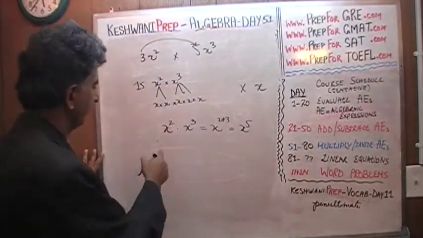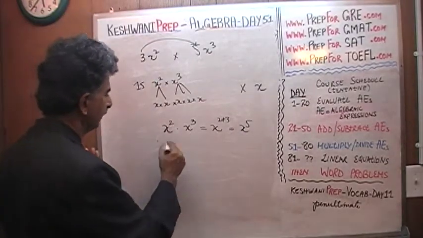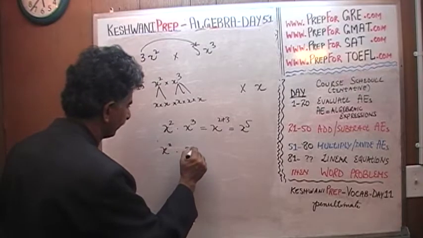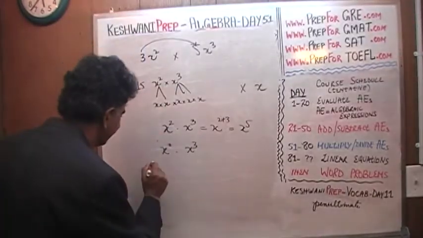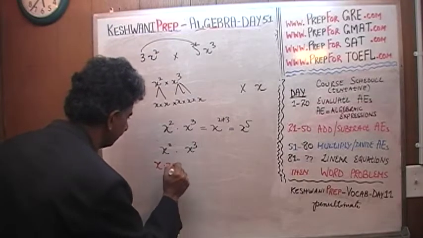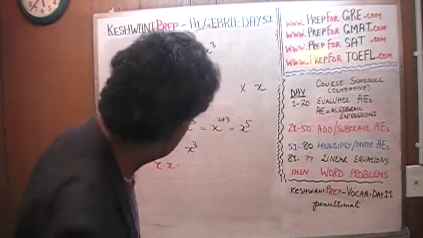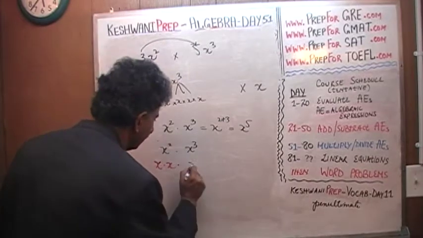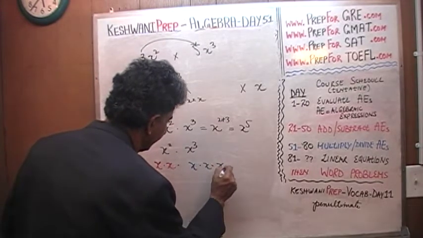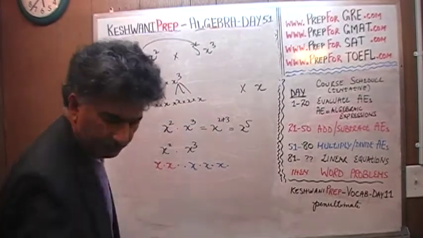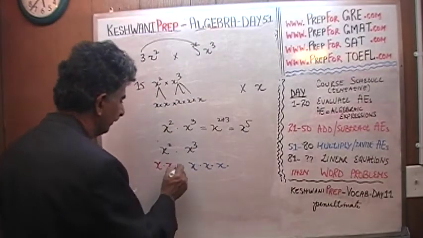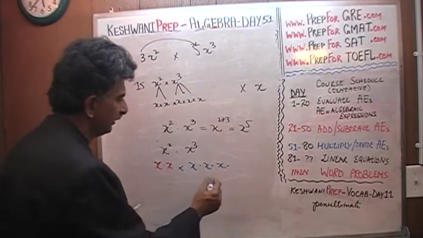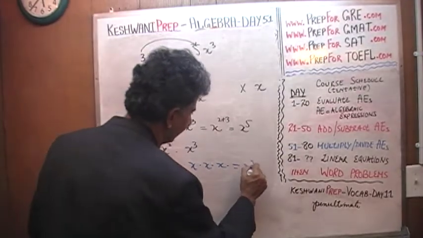So x squared times x cubed is the same as x times x times x times x times x. As you can see, there are 5 x's being multiplied together, therefore it is simply x raised to 5.